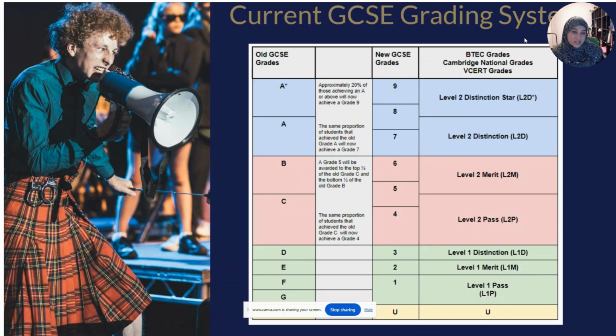The new GCSE grades go from 9 to 1, with 9 being the highest, and U being ungraded, and then grade 1 being the lowest. For the vocational qualifications, I've also put in an extra column there so you can see what the vocational qualifications mean and how they relate to grades. So a level 2 pass is a grade 4 or a grade 5 at GCSE.